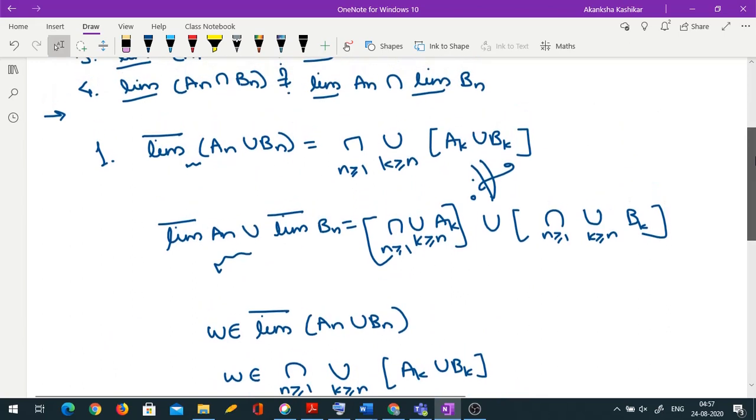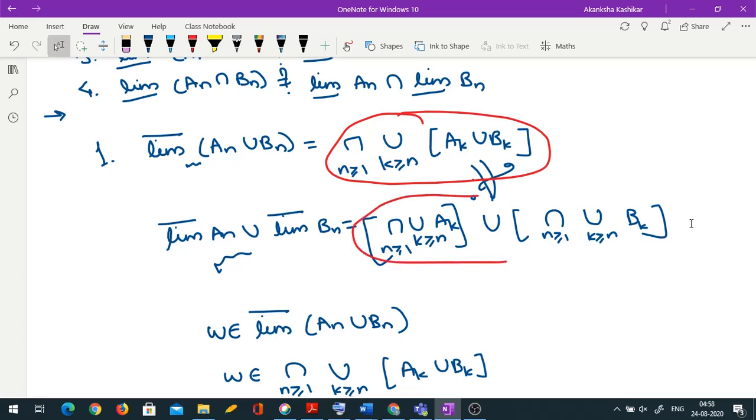When I want to check whether this thing is equal to this, what am I trying to do really? I'm trying to see if this intersection union thing is distributive over this union.